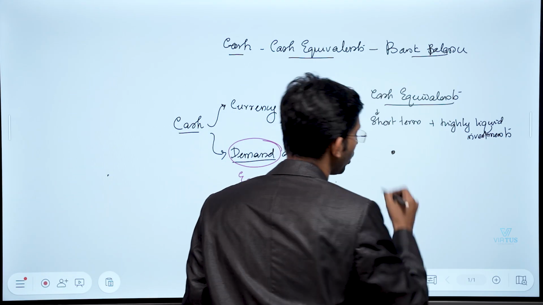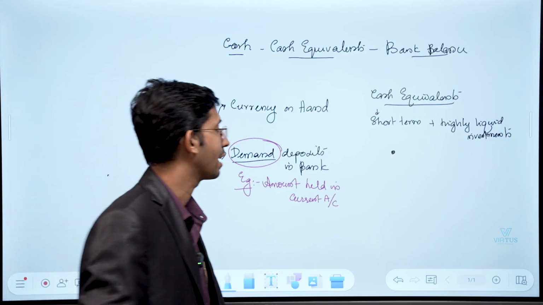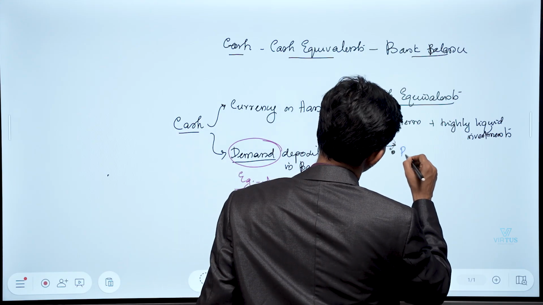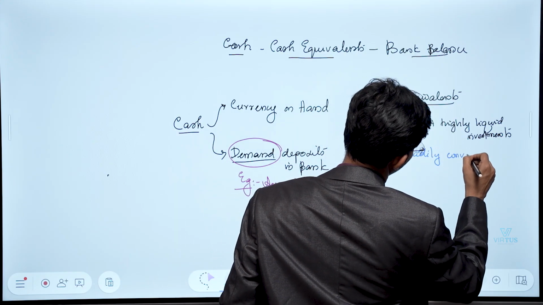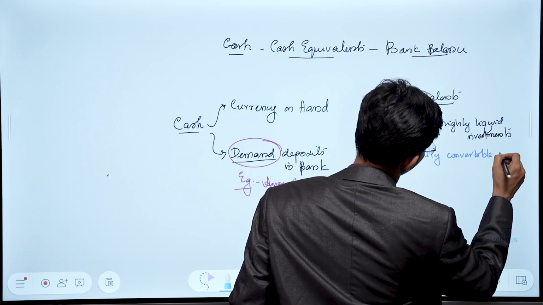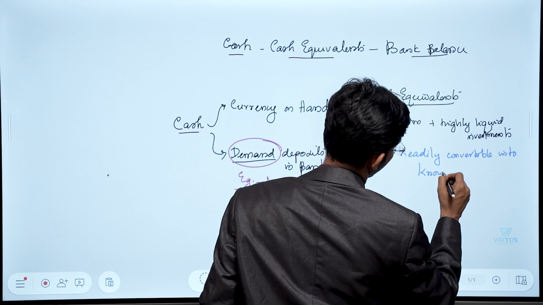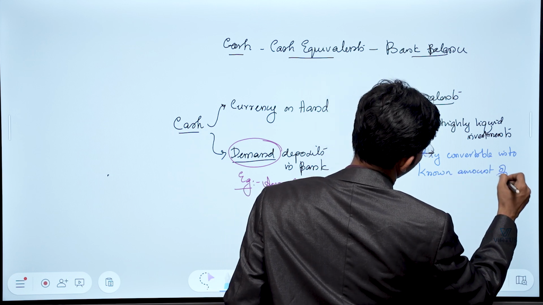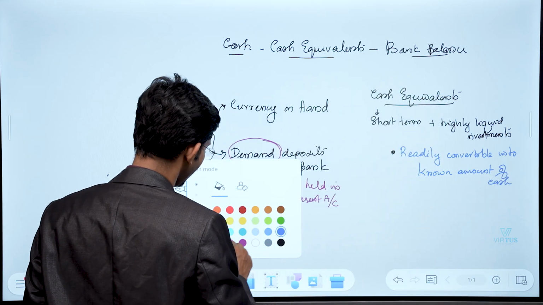Which means three criteria. What is the first criterion? Readily convertible into known amount of cash. You have to keep this in mind.